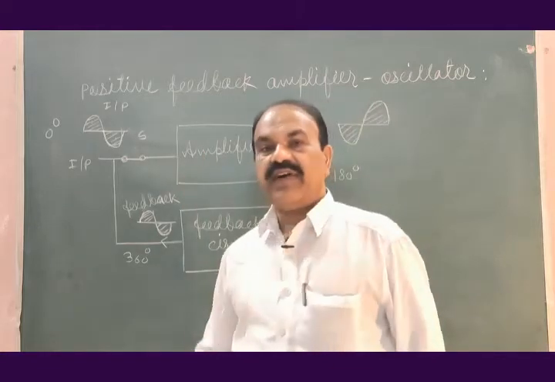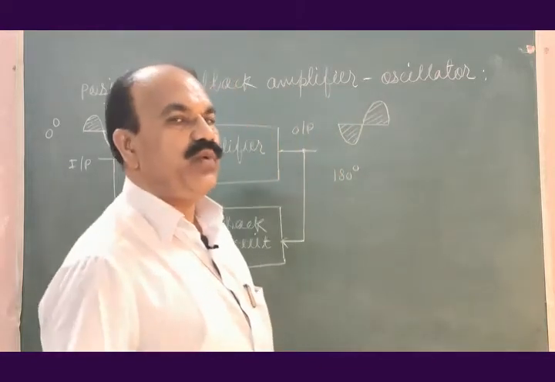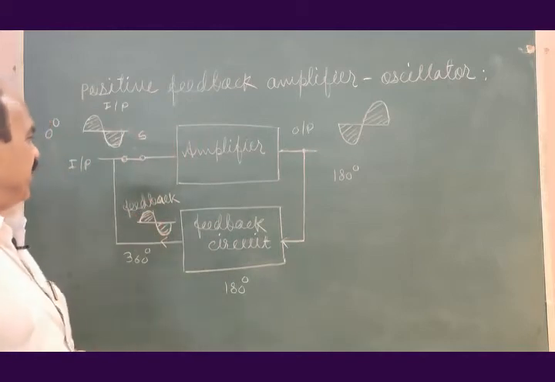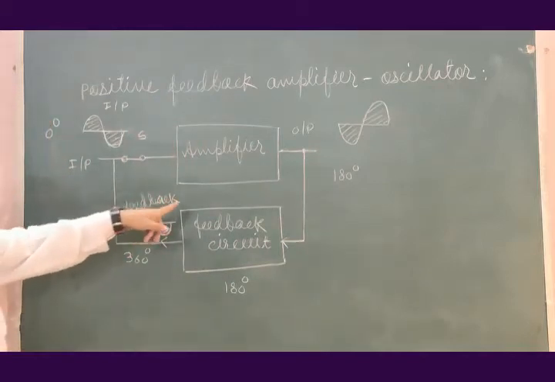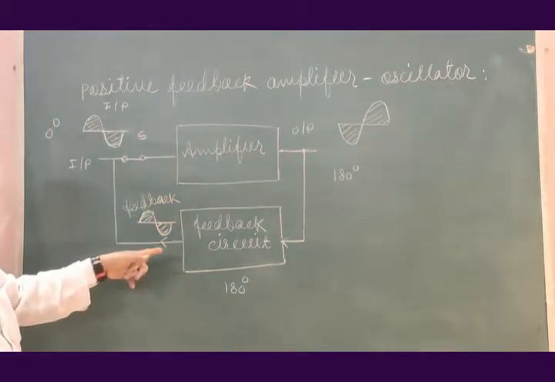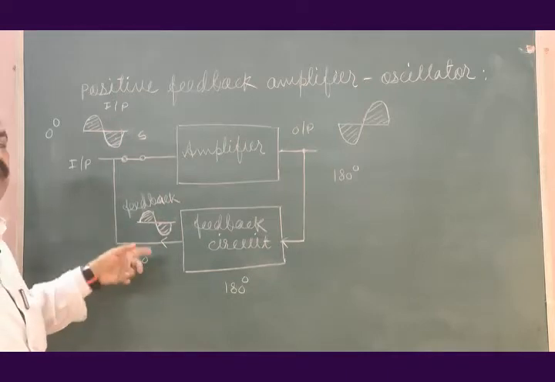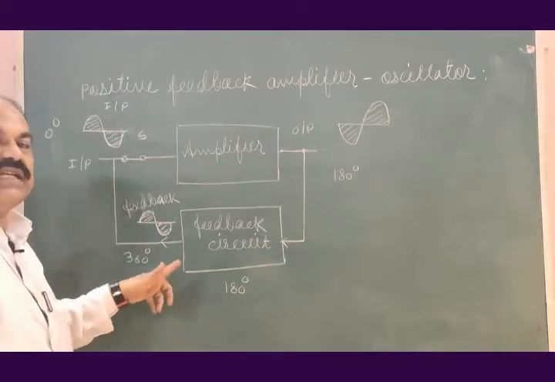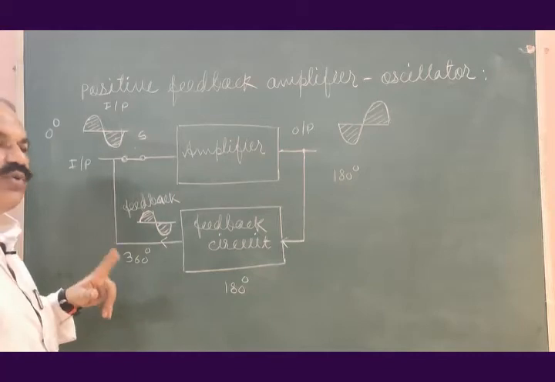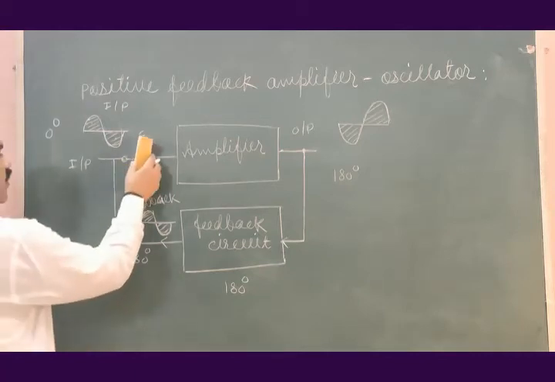For this amplifier to be an oscillator circuit, we have to make some change in this circuit. Let us consider this as figure number 1, and now I am going to make a change in this circuit. Let us call that figure number 2. What change do I want to make?